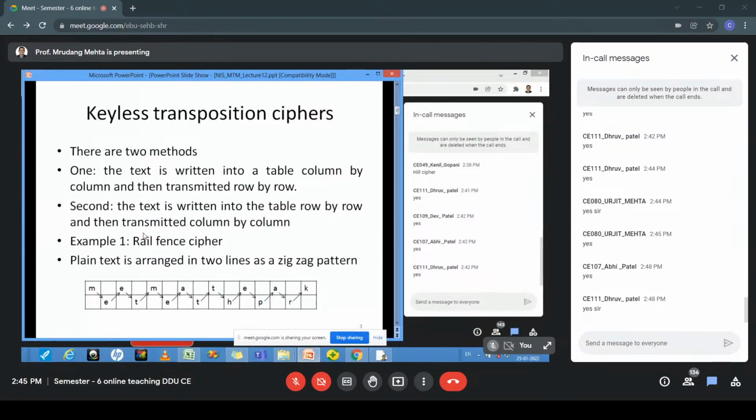So Bob receives the message column by column, and then reads row by row. If this is written column by column and read row by row, it gives us the desired plain text.